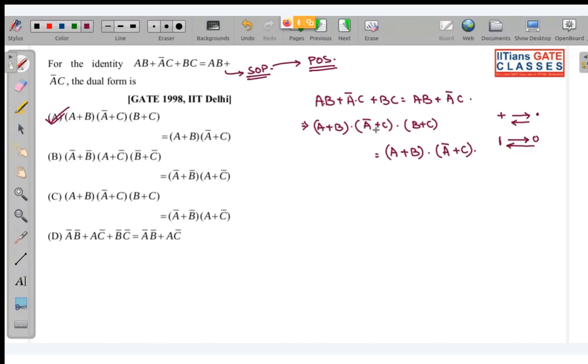If you solve this expression once again by opening the brackets, you will get the expression from where we had started. There will not be any change, so no requirement of further simplification. If your options are matching, then it's okay.